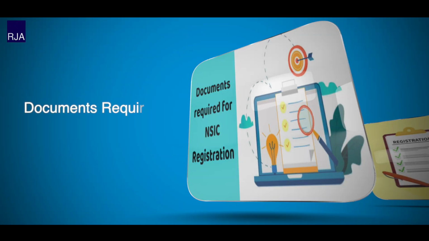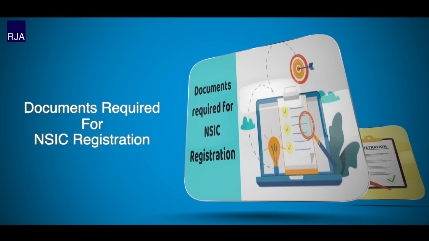Now, once the applicant complies with the above mentioned prerequisites, they shall be in receipt of certain documents in order to apply for NSIC registration. The documents required for registration are the Udyog Aadhar memorandum number, then the details of plant and machinery and raw materials with original purchase price.